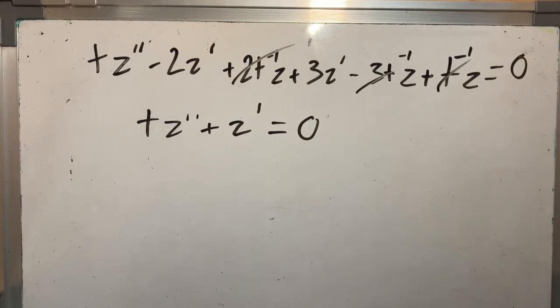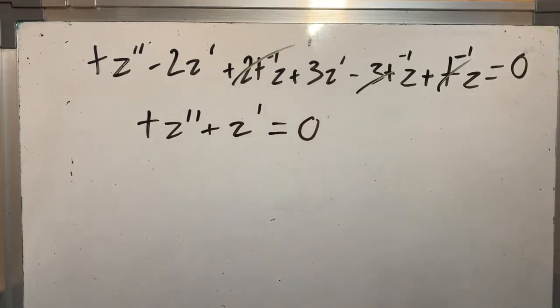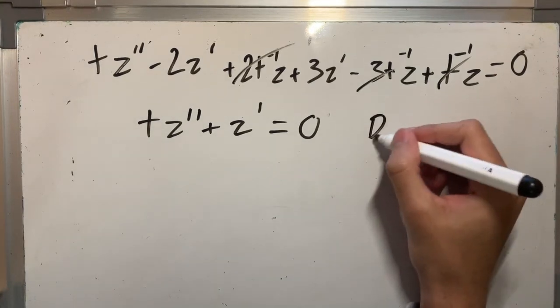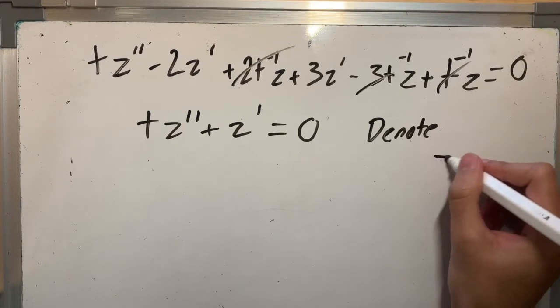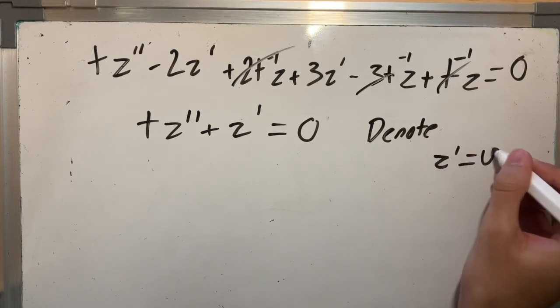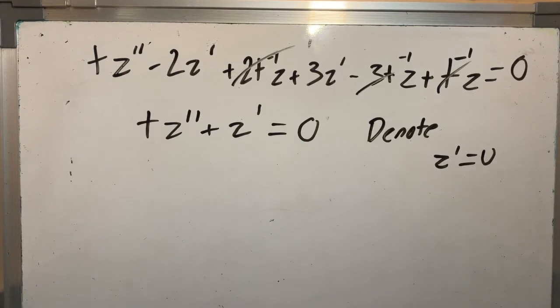So now we're left with z double dash and z dash. What we're going to want to do is denote the z dash as u, just to get rid of our derivatives there.